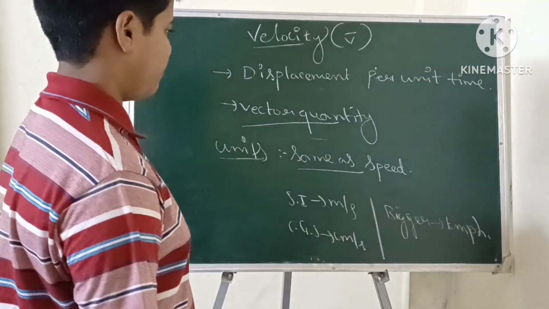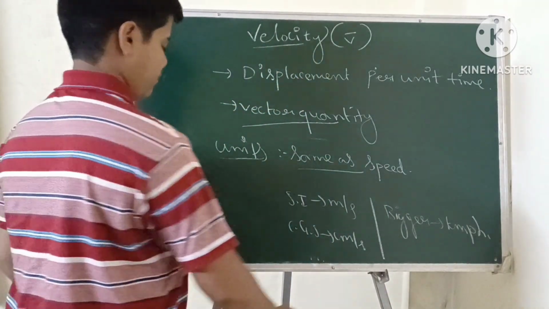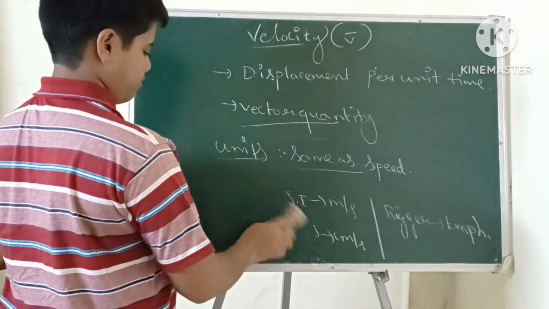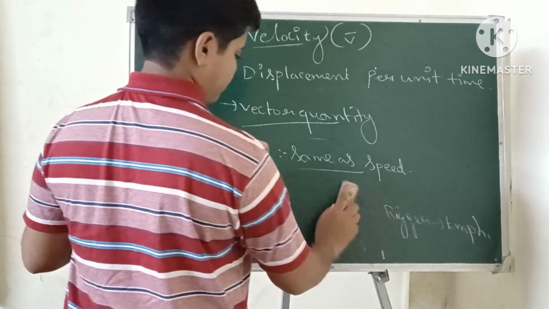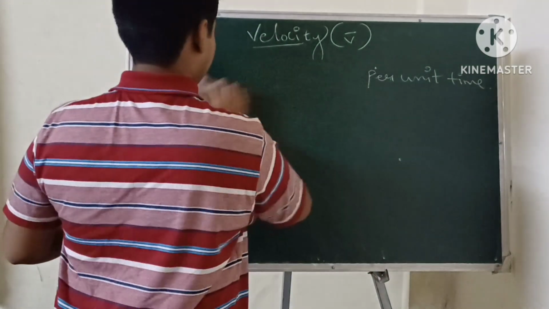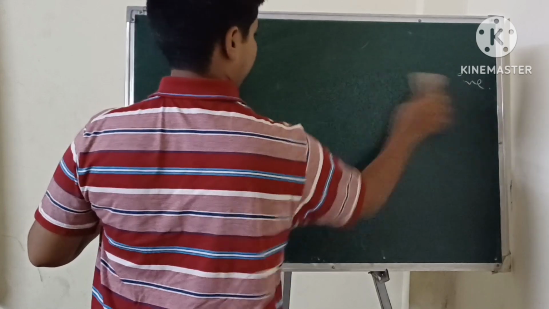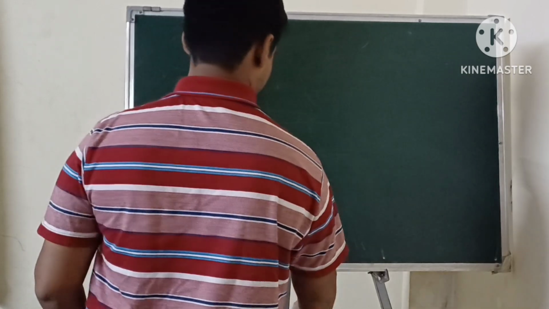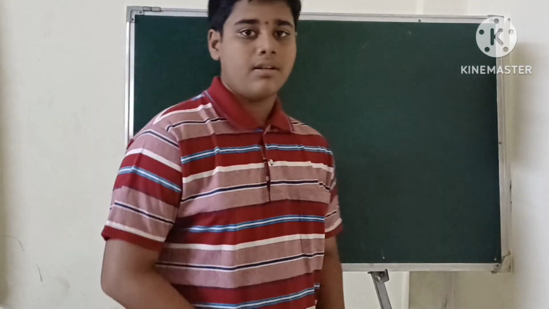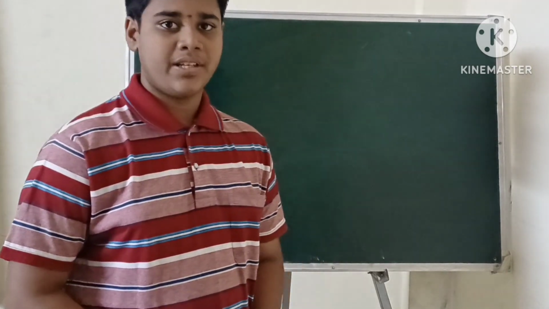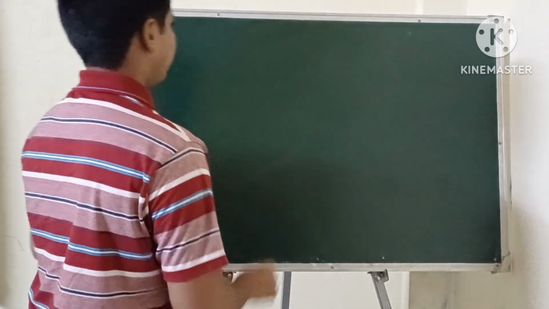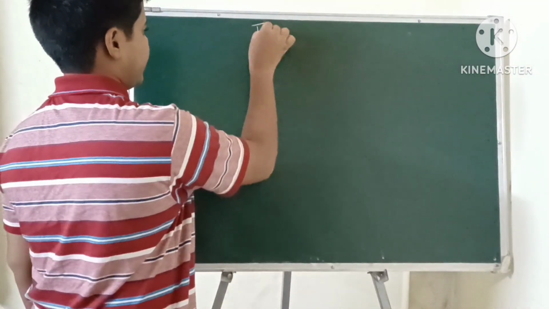Okay. So these are the units and definition. And here velocity means displacement per unit time. Speed means distance per unit time. Okay.